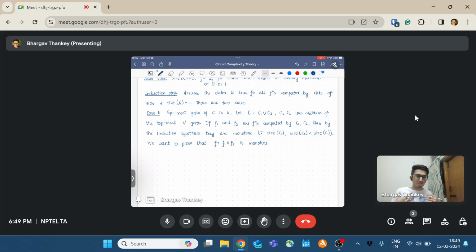One way to do it is the straightforward way: show that this function f satisfies the definition of a monotone function, right?